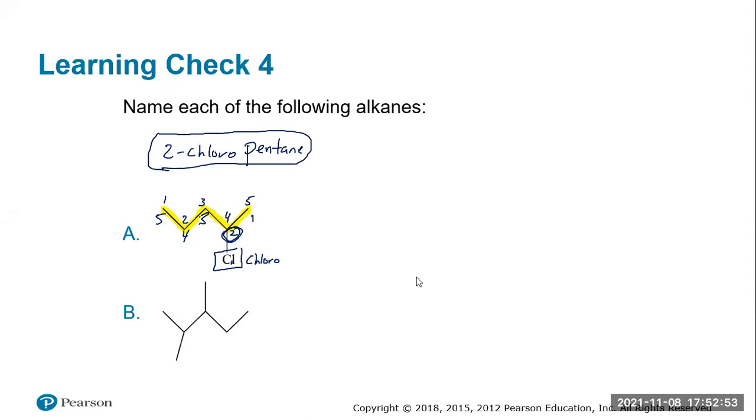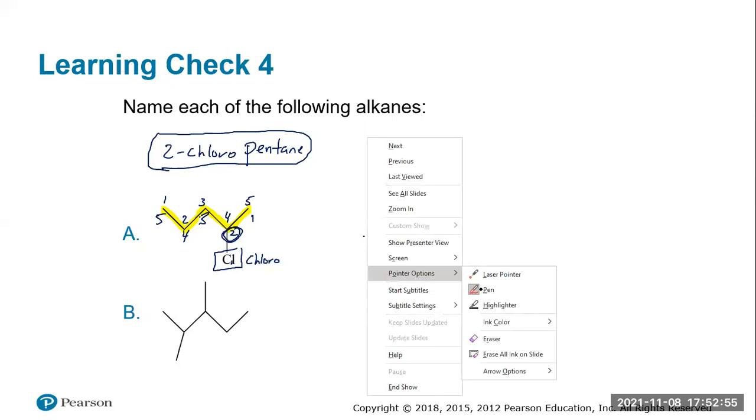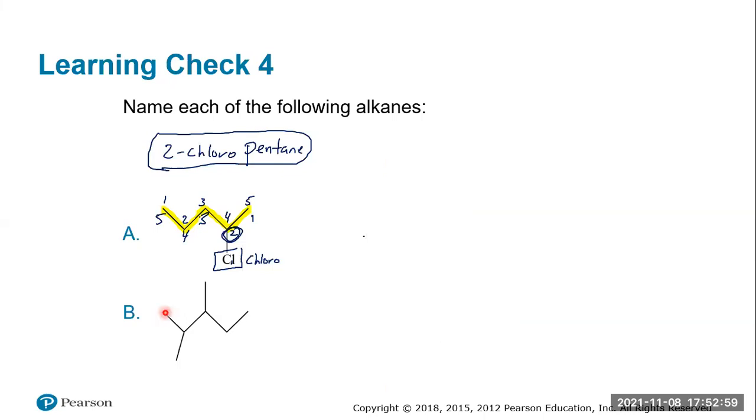All right, so let's take a look at the next one. We could go 1, 2, 3, 4, 5. We could also go maybe 1, 2, 3, 4, so that's shorter. We could also go 1, 2, 3, 4, 5, and I think that would be it.